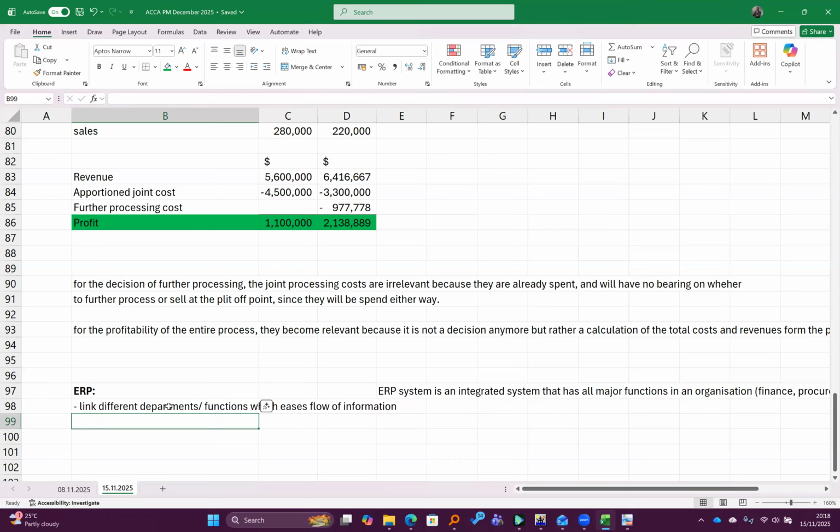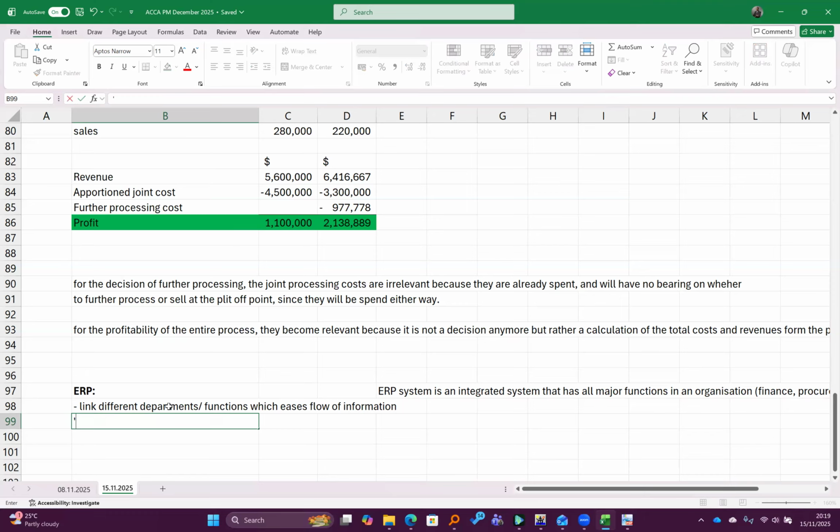So for example, a person in finance can easily run a report to get all the people that are employed in the company on the HR side, and verify that they have been paid their salaries and all those deductions have taken place the right way. So you don't have to rely on a report that HR would send you. You can extract it yourself.